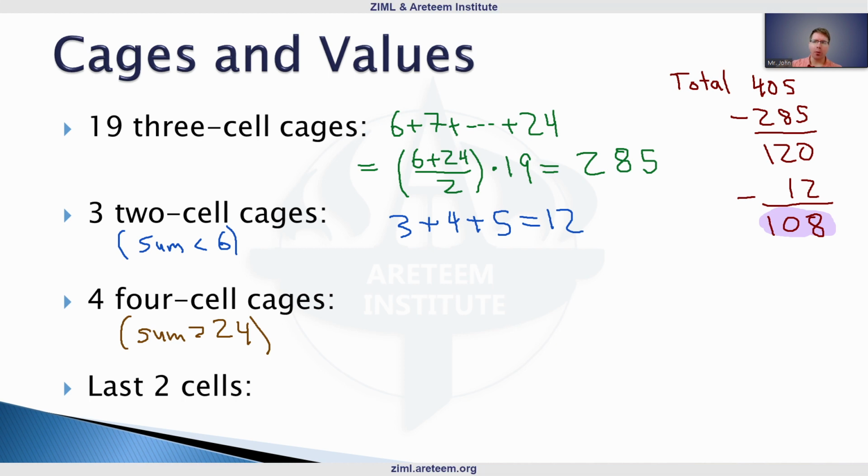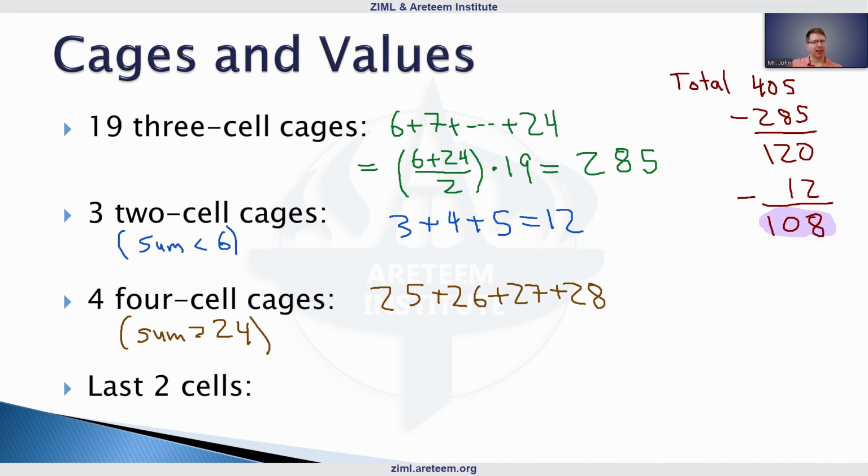They have to all be higher than 24. Well, 25 times 4 is already 100. What if we actually looked at the minimum of these, right? 25, 26, 27, and 28. This is the smallest those sums could be.